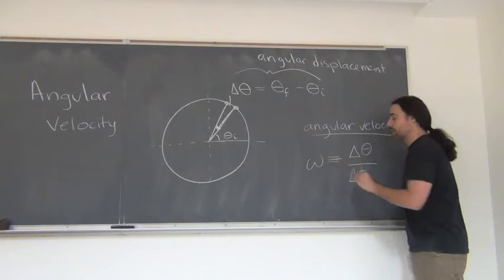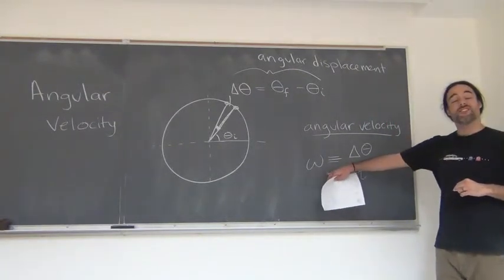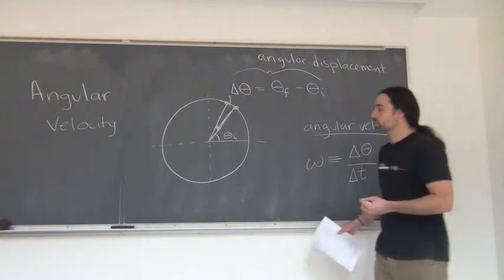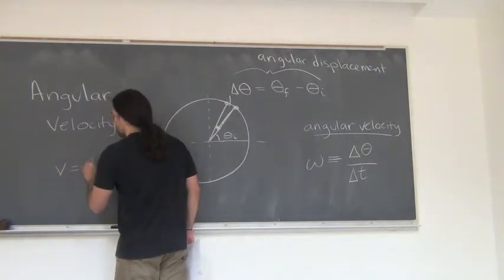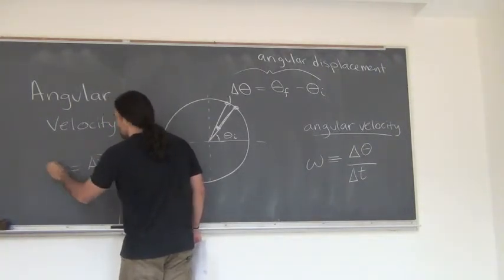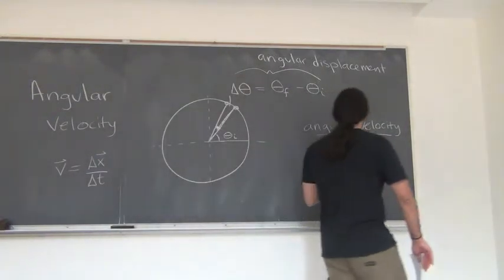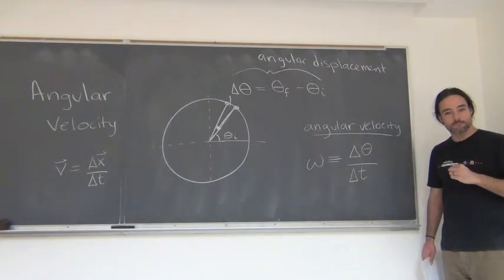It's a definition, so I'll give it an extra equal sign in there. Now notice, this is the exact same definition that we had for regular old velocity. This is just regular old velocity being defined to be the displacement over the change in time. Here, we're defining it to be the angular displacement divided by the change in time.